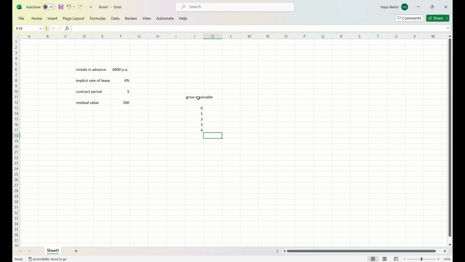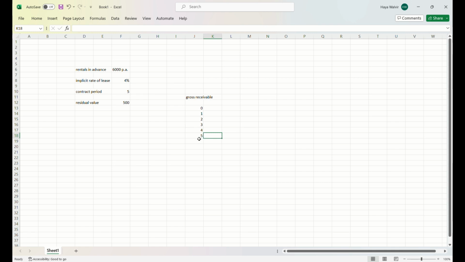Yeah, it completes the 5-year contract, right? So for accommodating our residual value, since it will be at the end of our lease contract, within these 4 years, actually including 0, it will be 5. And then I include 5 for the end of the lease, right?